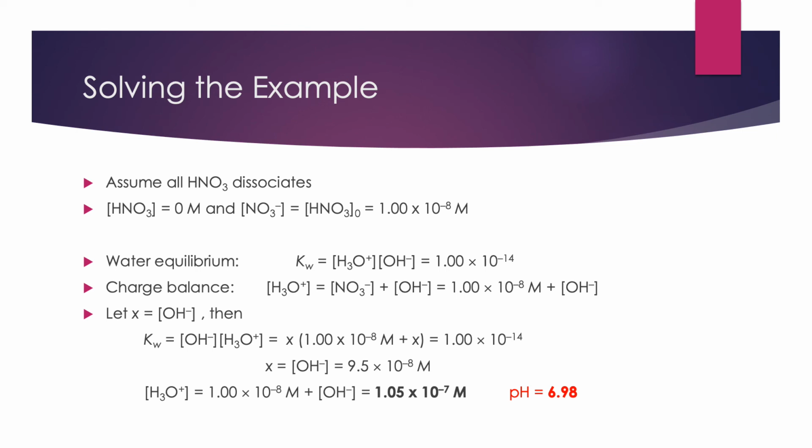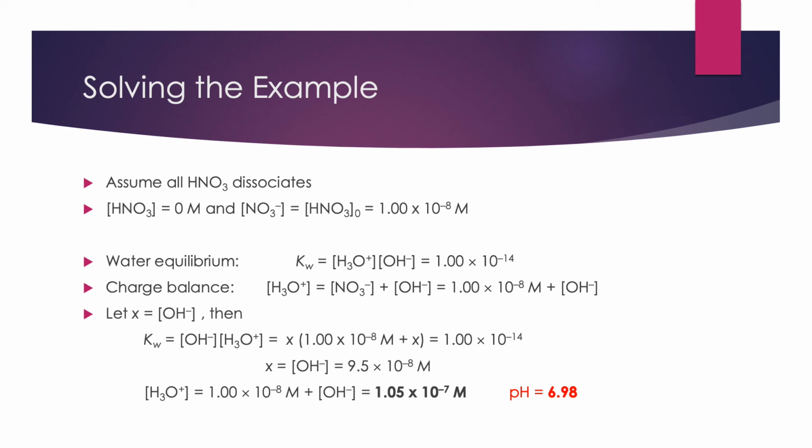Now let's look at the water equilibrium. The equilibrium constant is equal to the product of the hydronium ion and the hydroxide ion, equal to 10 to the minus 14. If we do charge balance, remember that we have to include the nitrate ion now because it's producing negative charge in the solution. So it's going to influence the amount of H3O plus and OH minus that are produced.